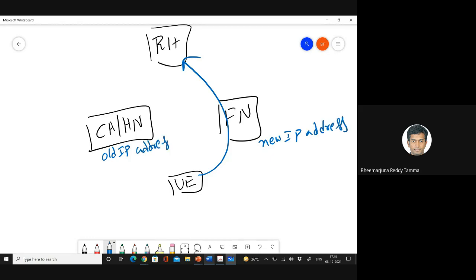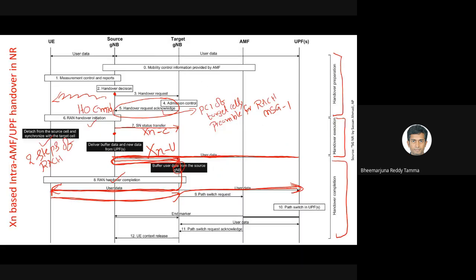Again, I didn't talk about IP address here because there is no change of IP address, because we are using the GPRS tunneling protocol in cellular networks. So only the C-RNTI will change. From this point onwards, it will get a new C-RNTI that is assigned by the target cell. Earlier that was the old C-RNTI.